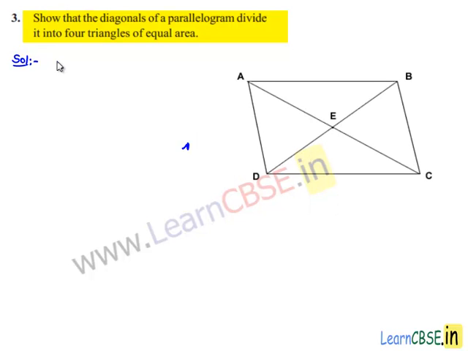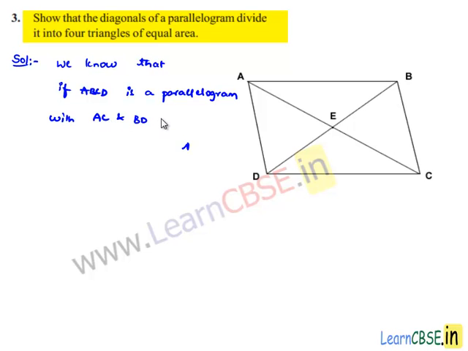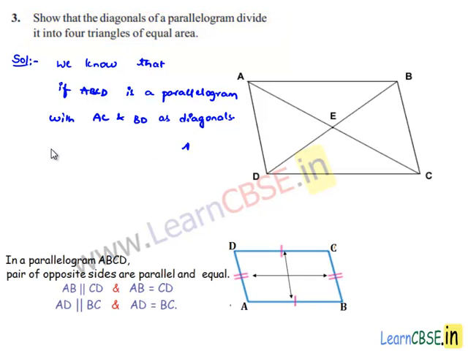Now we know that ABCD is a parallelogram with AC and BD as diagonals. Let us note some of the properties of a parallelogram. We know that in a parallelogram opposite sides are parallel and equal, and also the diagonals bisect each other.